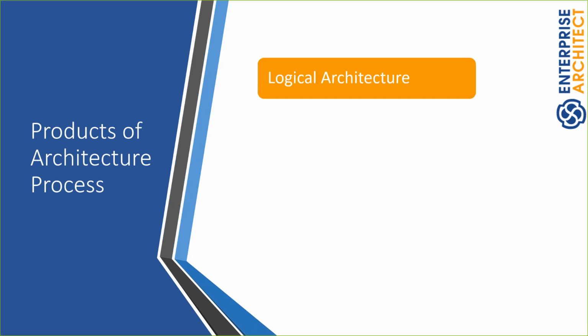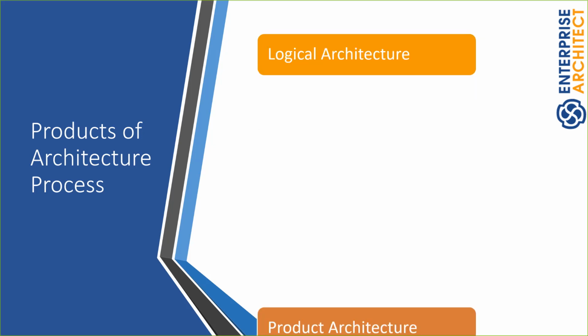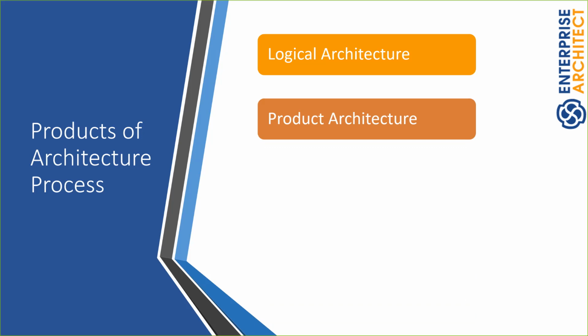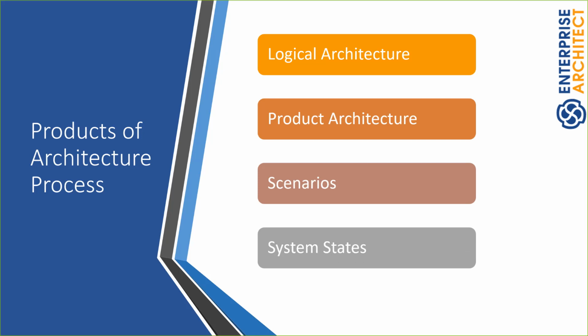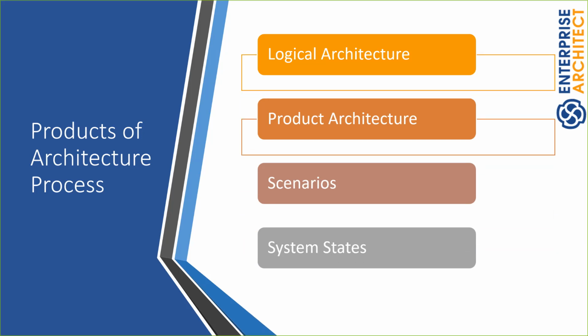The following work products are the outcome of the architecture process: logical architecture, product architecture, scenario, system states. The methods and the flow on how to achieve the SysMOD products will be discussed in more detail in a moment.